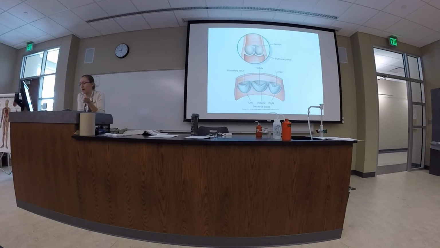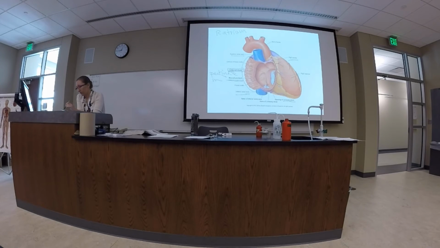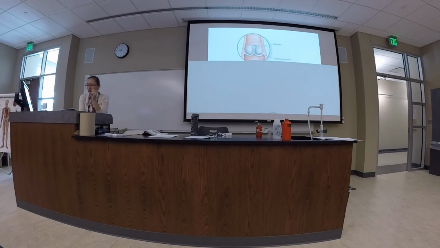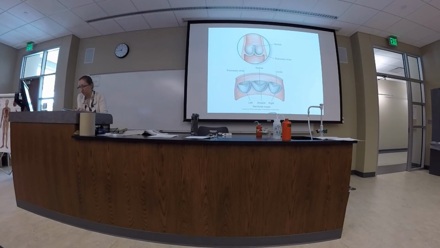This is a semilunar valve, which means it has these funny pocket-shaped cusps. So with the tricuspid valve, if we go back to that, you see that the flaps or the cusps are a little flatter, whereas the semilunar valve has these very distinct cup-shaped cusps. And the way it works is when the blood is rushing through, it pushes the cusps out of the way.